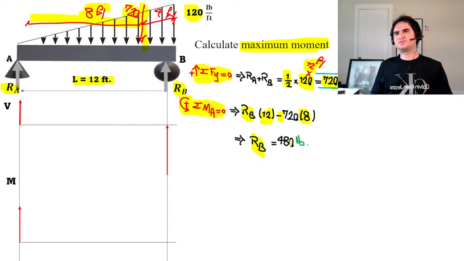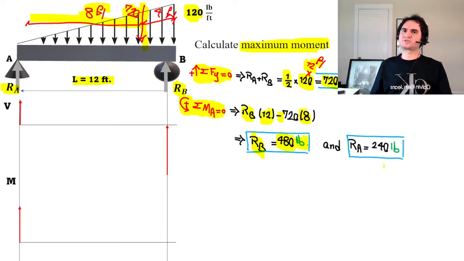So it gives you Rb equal to 480, and if that's 480, Ra goes by 240. As we discussed already, Rb here is twice Ra.